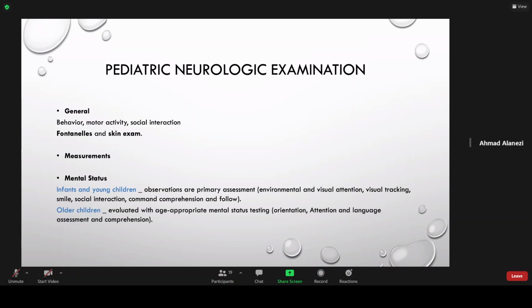A skin exam is very important. You learned from the previous lecture about the importance of skin exam in neurology, and we will see examples shortly. And then measurements. Measurements is very important.